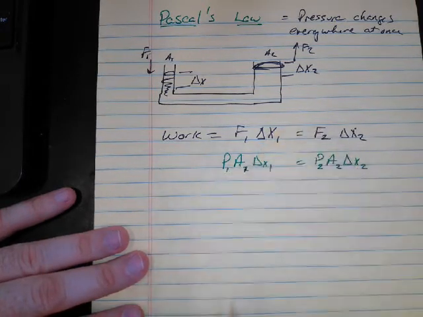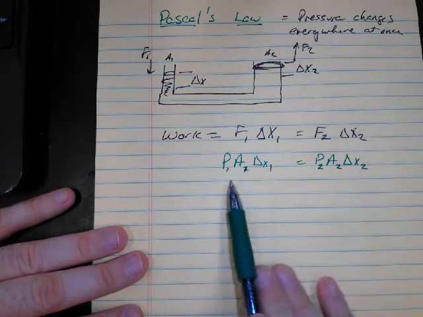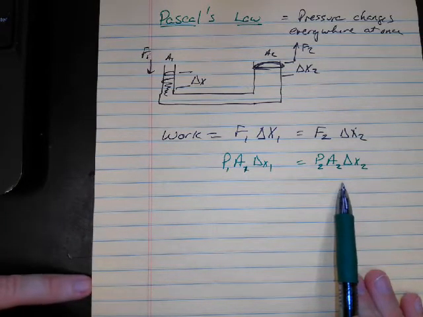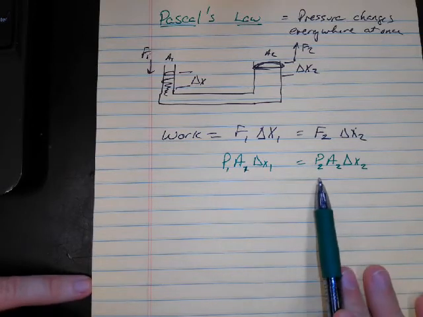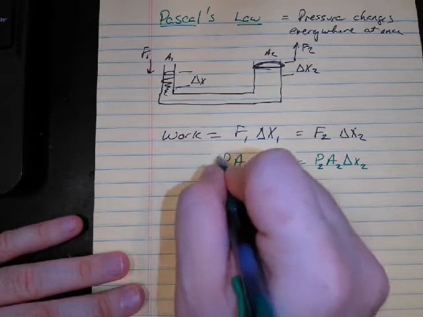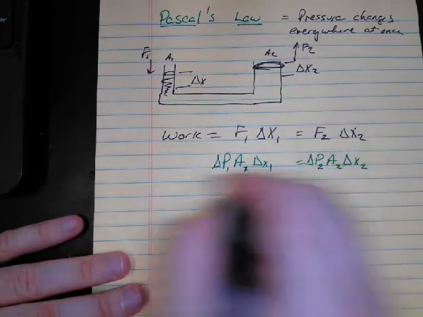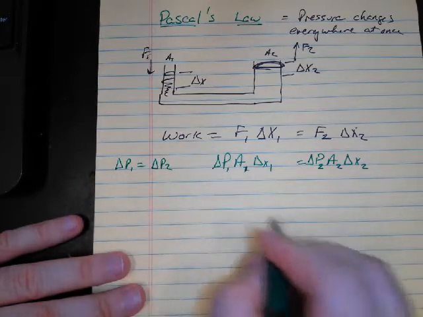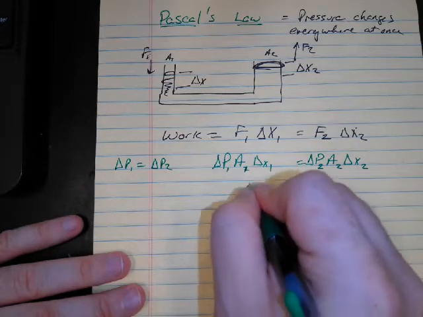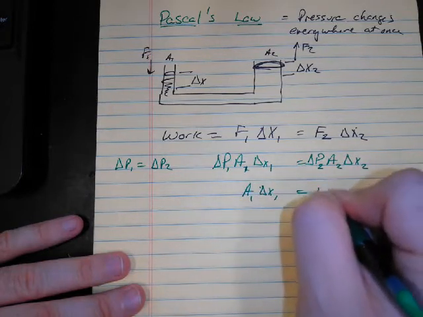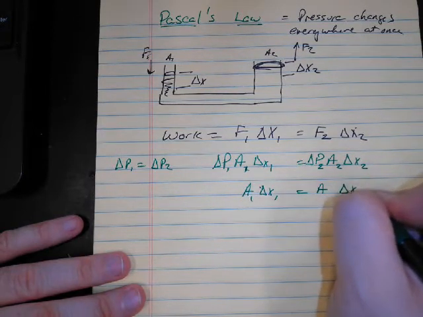Sorry, that's 1. So we can write it in terms of that. And then we can say the pressure can't really change. What we're talking about is a change in pressure here, and delta P1 is delta P2. So what this means is that the area times delta X1 equals the area times delta X2.